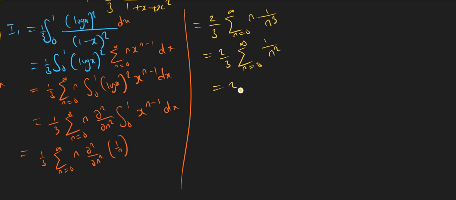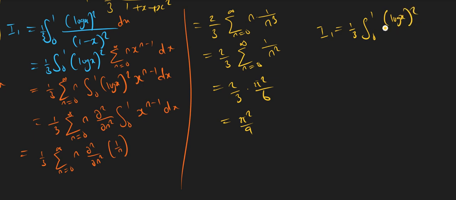So this will be 2/3 times pi squared over 6, so that would be pi squared over 9. So this first integral, I1, which is 1/3 of the integral from 0 to 1 of logarithm of x all squared, all divided by 1 minus x to the second power, is equal to pi squared over 9. And we'll put this in a box.